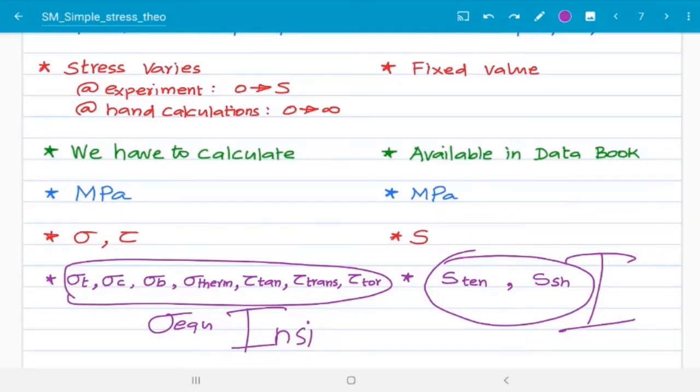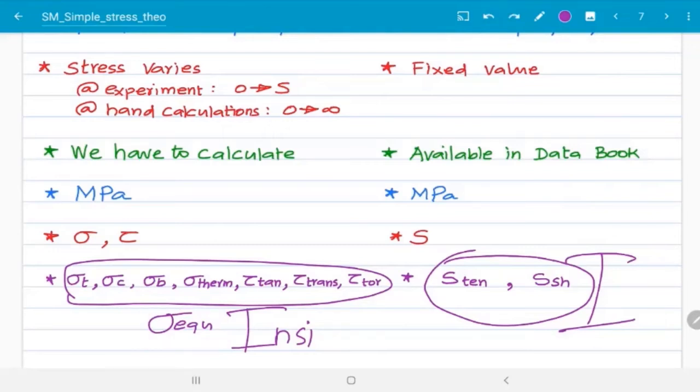The minimum possible internally developed normal stress is called the minor principal stress. So don't forget, sigma equivalent is nothing but principal stress.